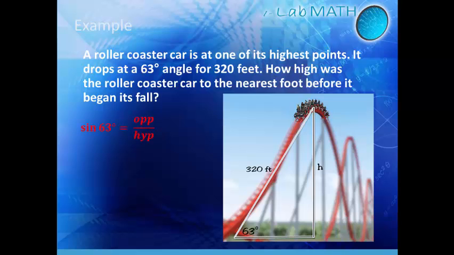Sine 63 degrees equals opposite over hypotenuse, and sine 63 degrees equals height over 320. Height is equal to 320 times sine 63 degrees. Approximately, the height is equal to 285 feet.